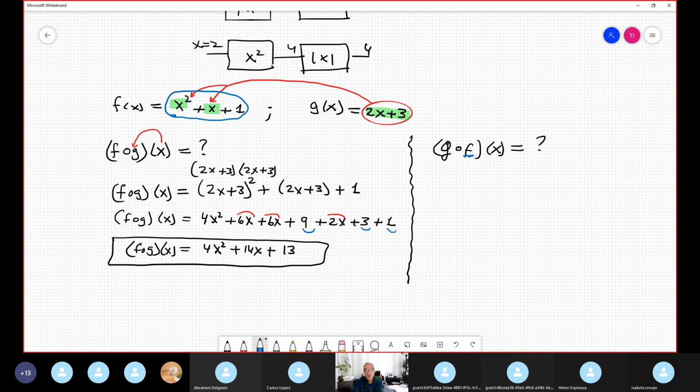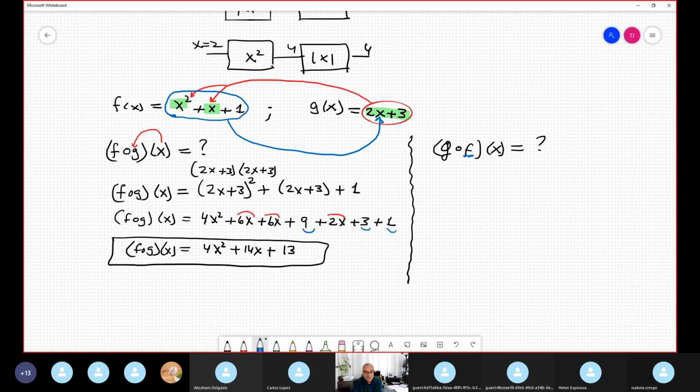Look here. I'm plugging it into the X of the second. Now you replace the X of the G, because G in this order represents the outermost function. Find the entire expression of F, which is the innermost function. Okay.